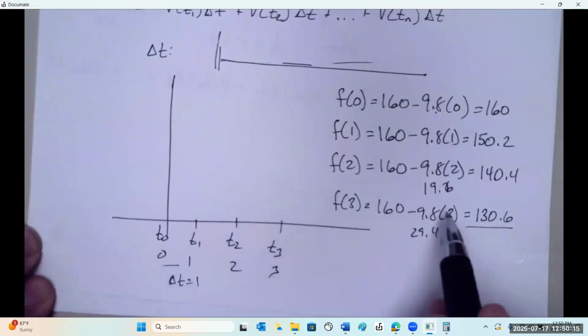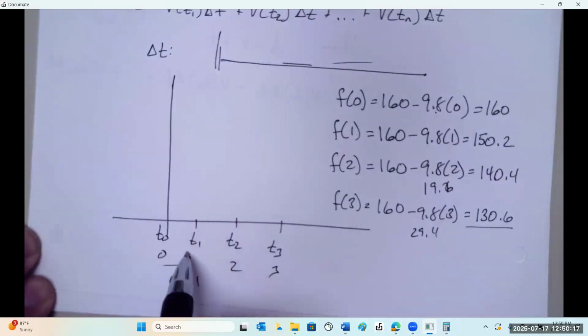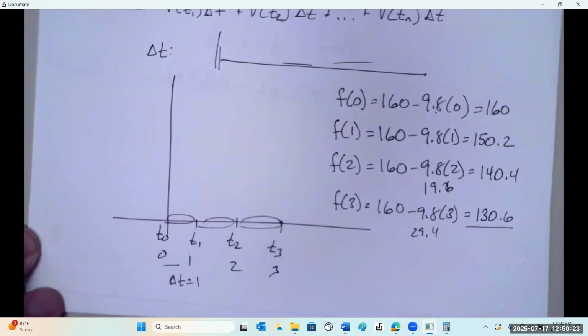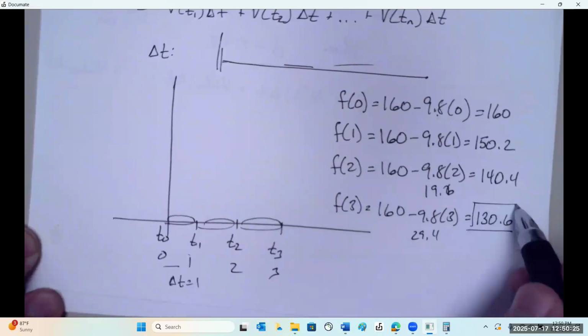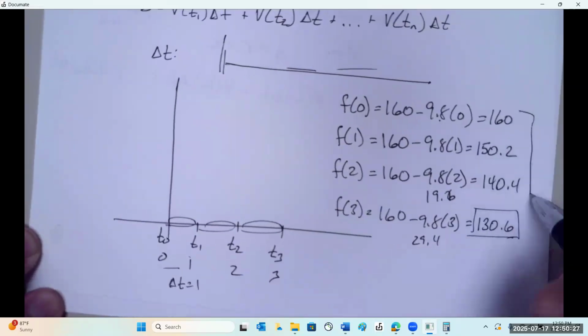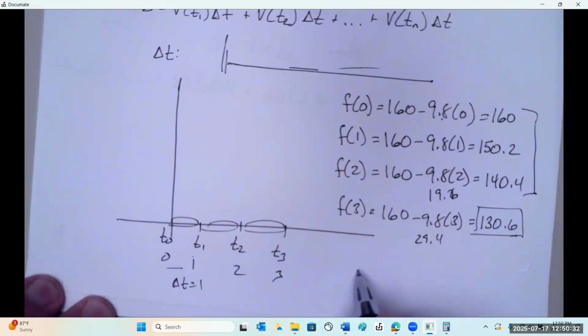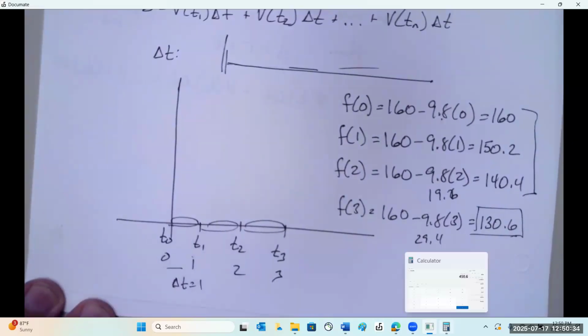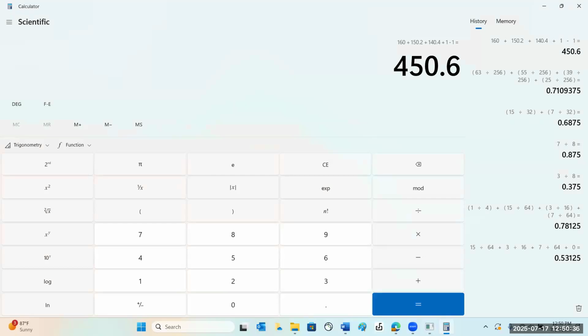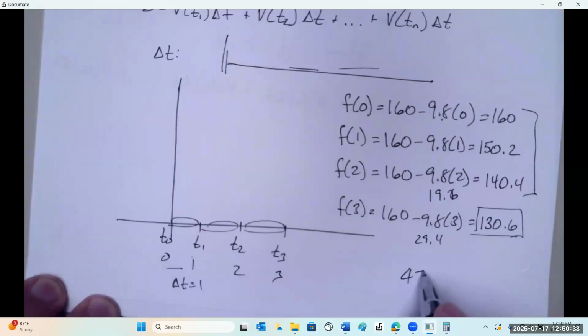Because think about it. This interval went from 0 to 1, then we went from 1 to 2, then from 2 to 3. So we first add up these 3, which gave us 450.6.